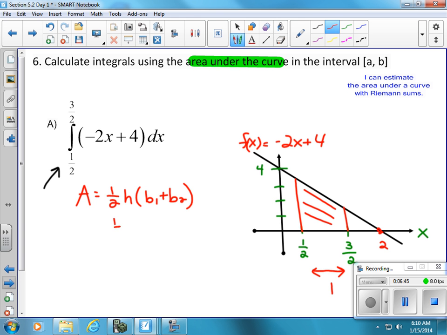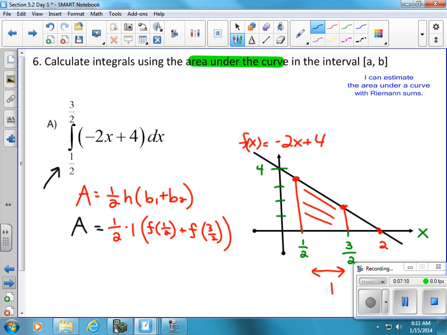Okay, so that's going to be our H number. Our base is one of the heights right here, and the other base is the other height at 3/2. So those two are the function at 1/2 plus the function at 3/2. So we need to see what value those have.